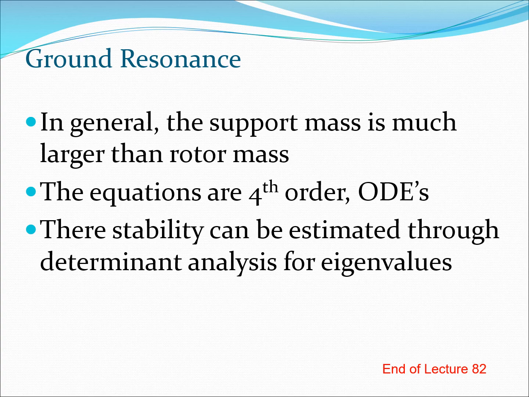These equations which we have obtained are of course of size 4, and they are ODEs. So essentially there are 4 equations, and these are differential equations, ordinary differential equations. And the stability of this system can be estimated through determinant calculations and analysis, and by looking at the eigenvalues of the matrix which is obtained.